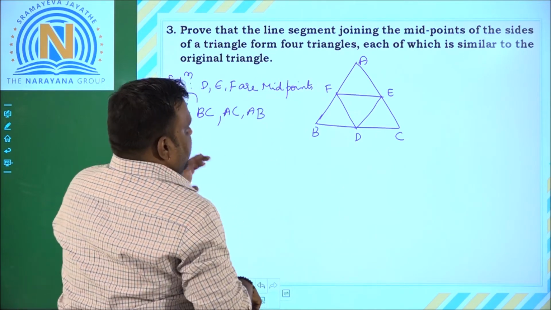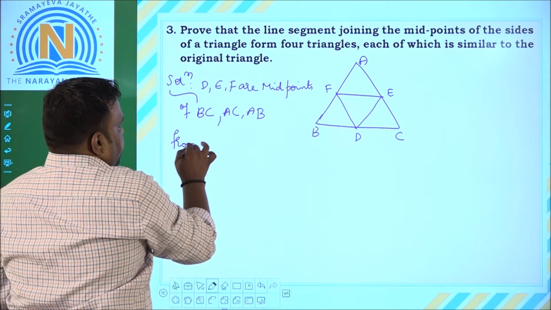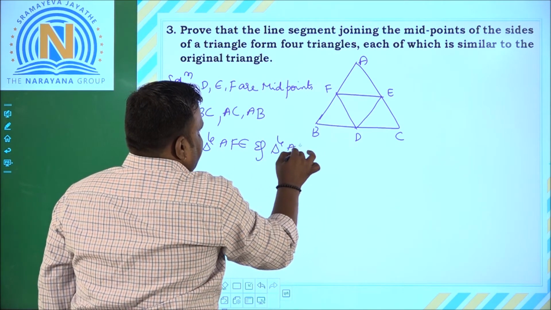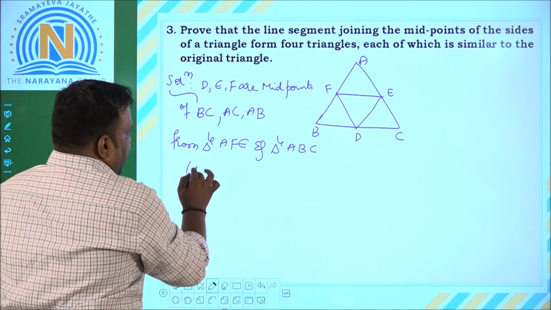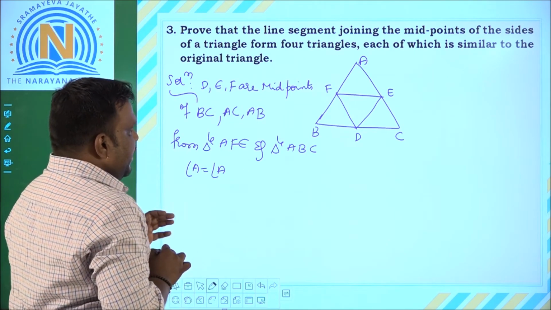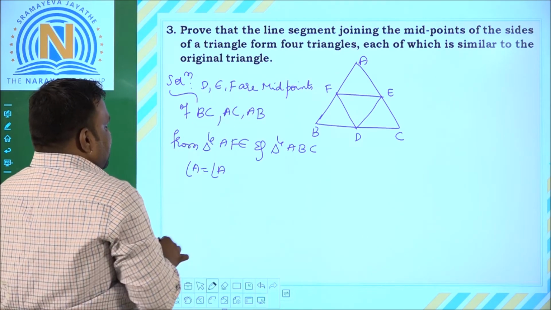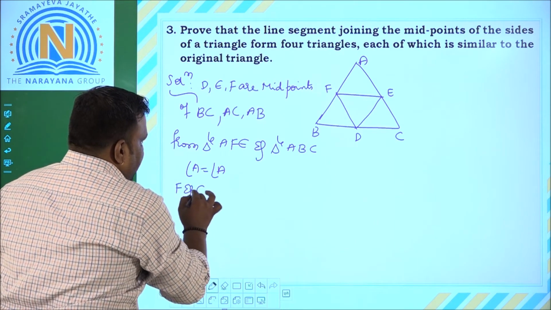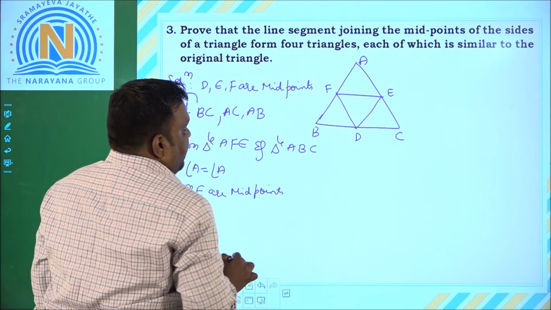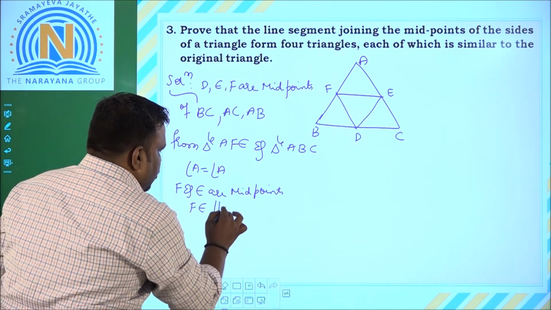Okay, so now first consider the first part, that is triangle AFE. From triangle AFE and triangle ABC, angle A is equal to angle A, that is the common angle. Now if you observe properly, F and E are the midpoints of AB and AC. So obviously FE will be parallel to BC.